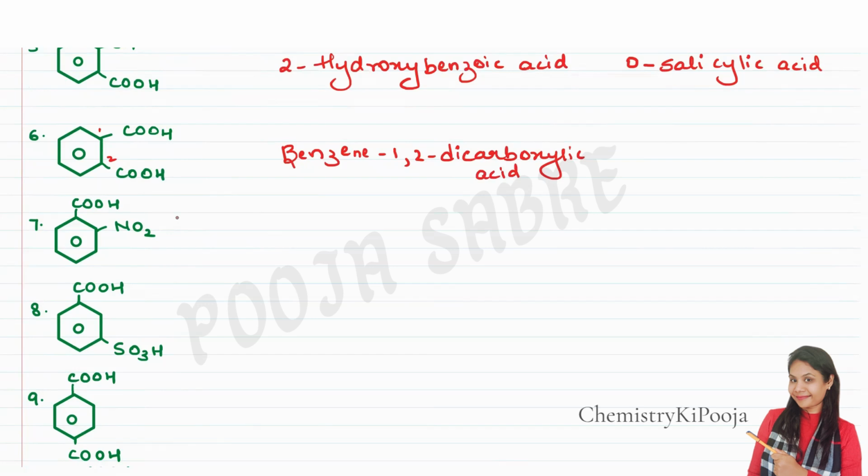And the common name or special name of this compound is phthalic acid. Very important. In the practicals also, you may come across an experiment wherein you need to prepare this phthalic acid. Or from this phthalic acid, you can prepare phthalic anhydride. There is one experiment. So this is phthalic acid.